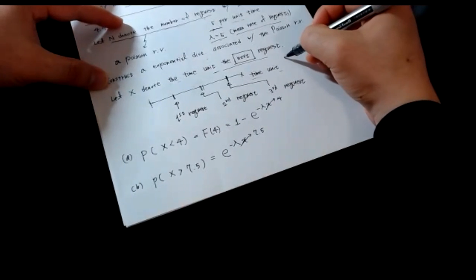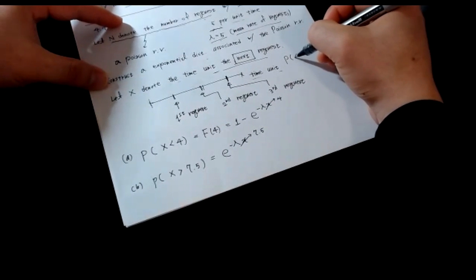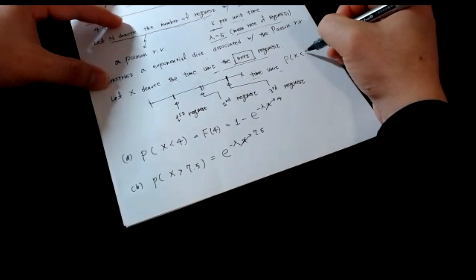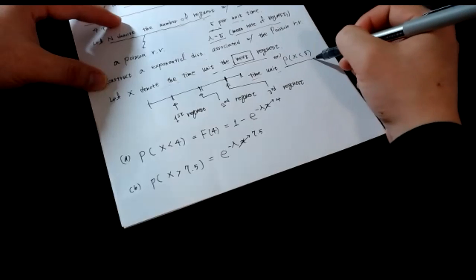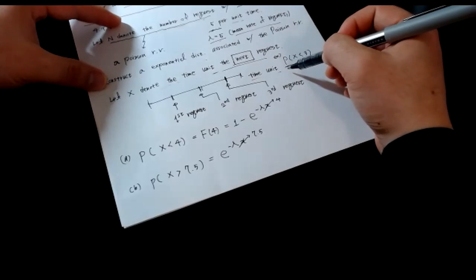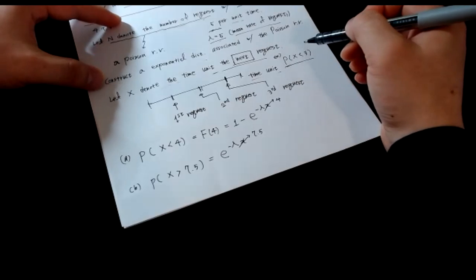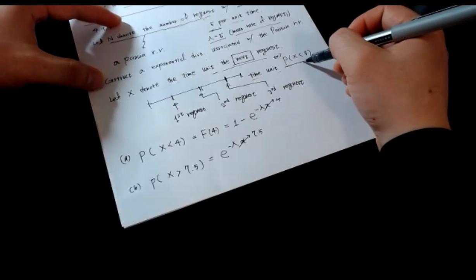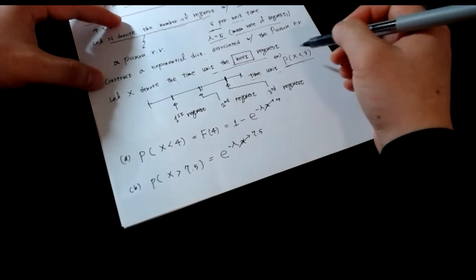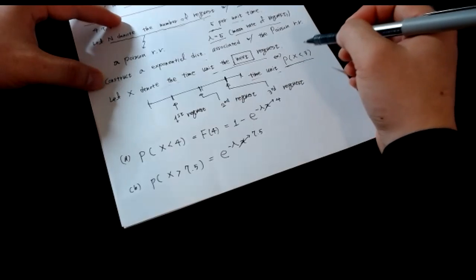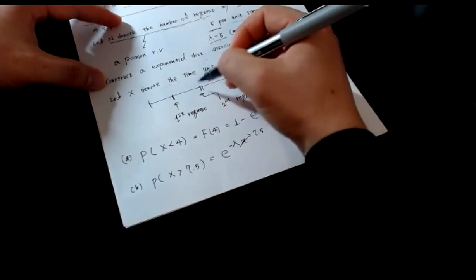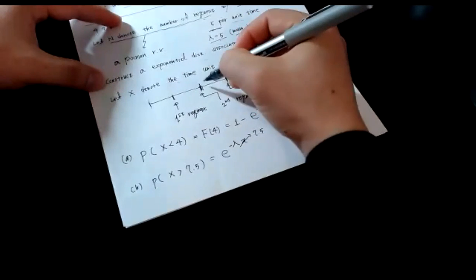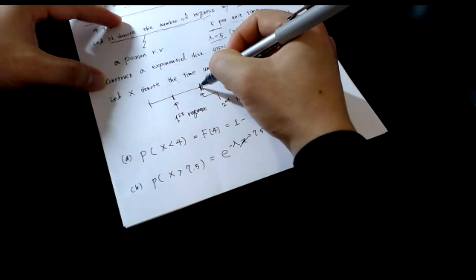For example, to find the probability that X is less than 3 means the probability that the time until the next request is less than 3 time units.